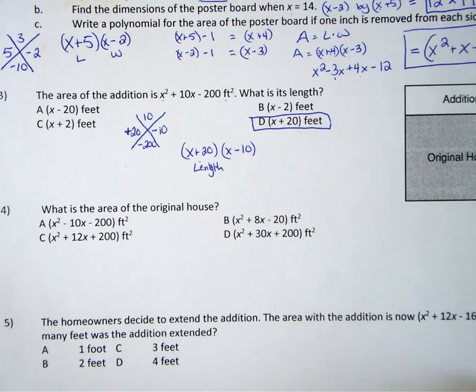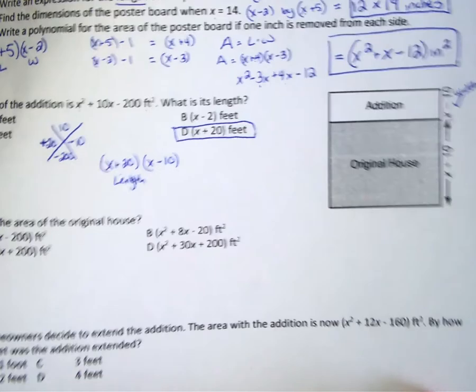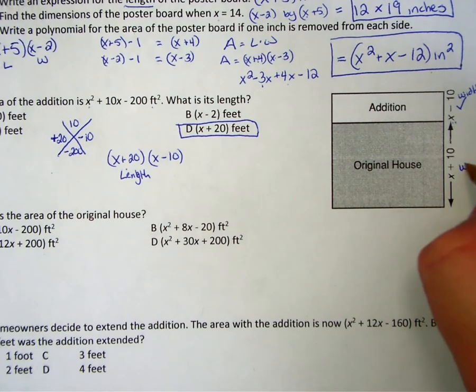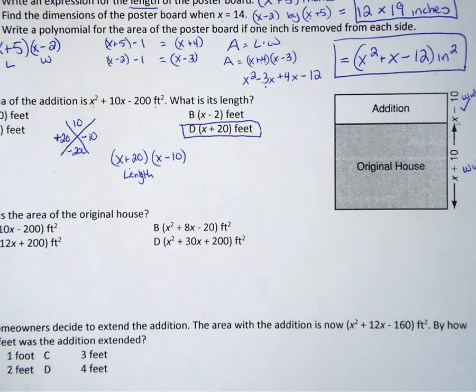Question number 4, what is the area of the original house? Well, the original house only shows us the width. It's got a width of x plus 10.